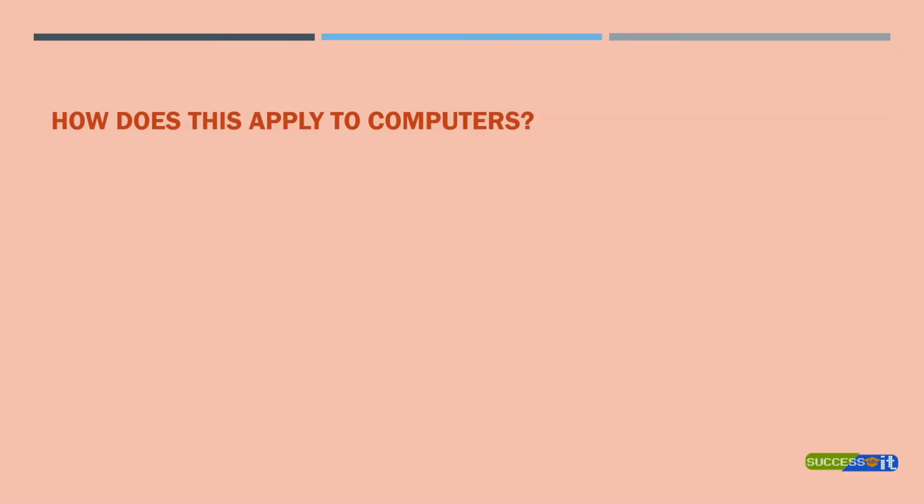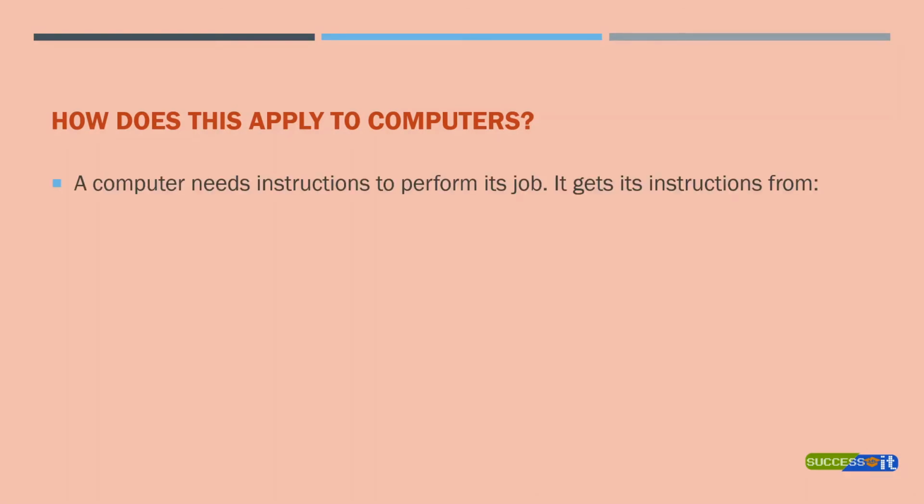So how does this apply to computers? A computer needs instructions to perform its job. It gets its instructions from programs, or what we call software, that we have coded to tell it how to do its tasks.